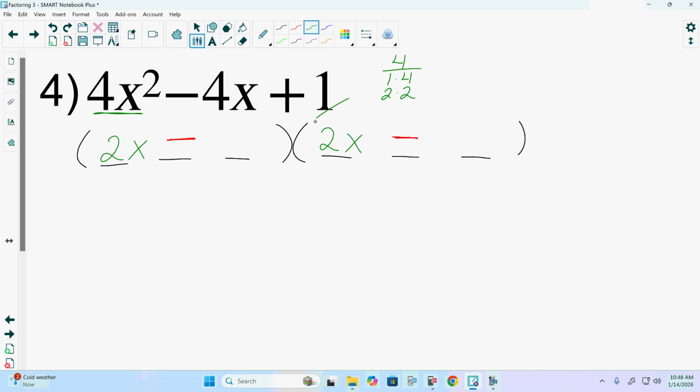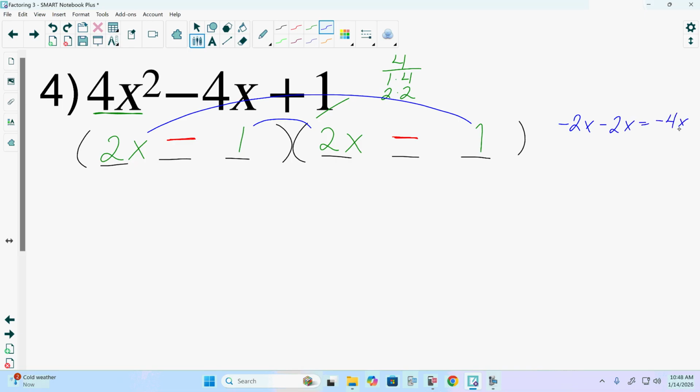Now we need to find the factors of the third term. The factors of 1 are 1 and 1. So the first one we're trying is 2x minus 1 times 2x minus 1. And we'll check this here. Now 2x times negative 1 would be negative 2x. Negative 1 times 2x is also negative 2x.